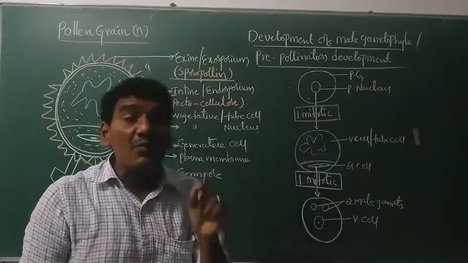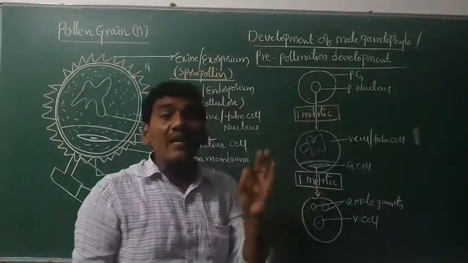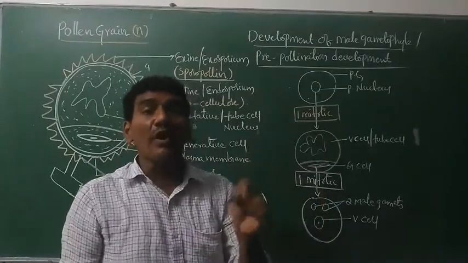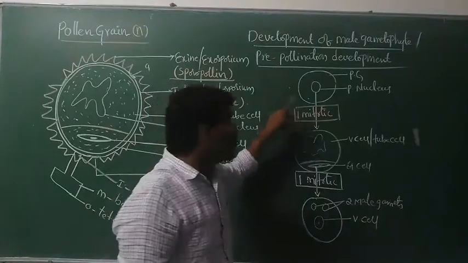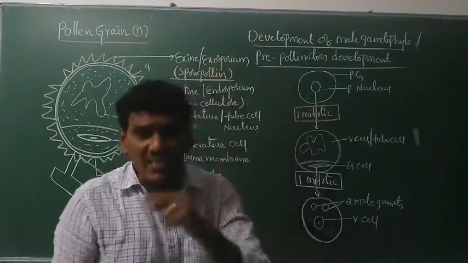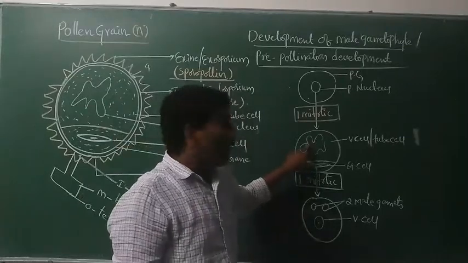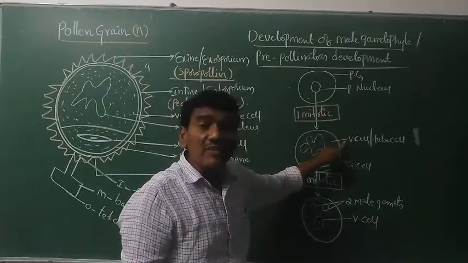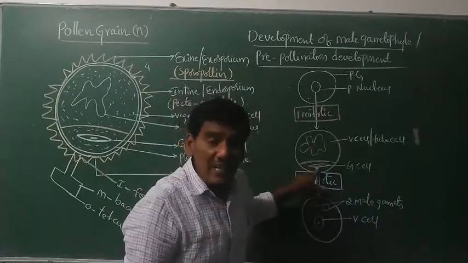The nucleus undergoes a periclinal division, or first mitotic division, to form two cells. The first cell is the vegetative cell, also called the tube cell. The second cell is the generative cell.